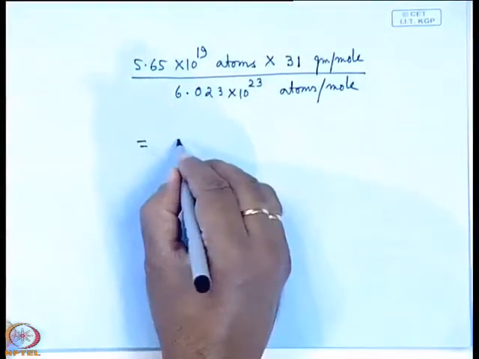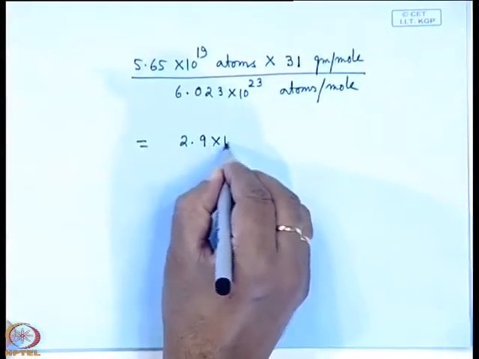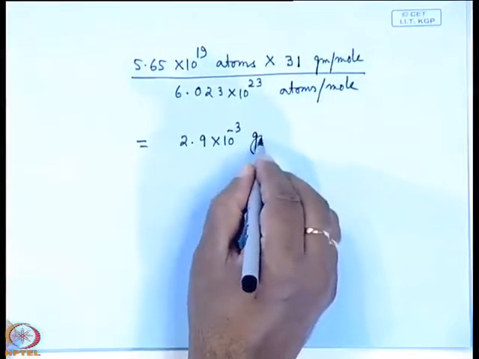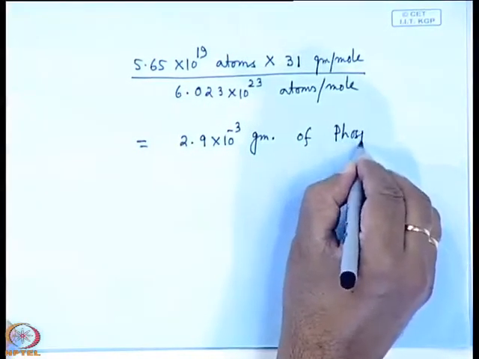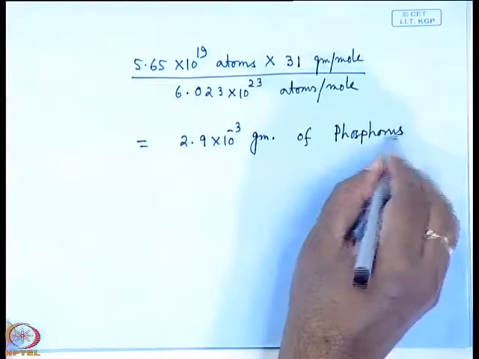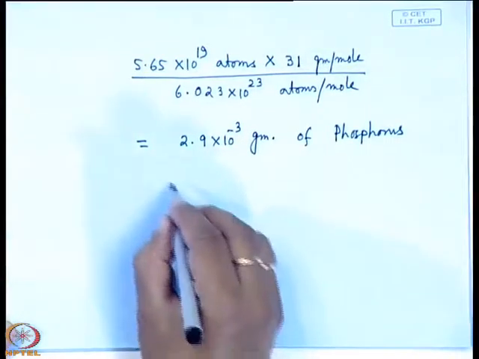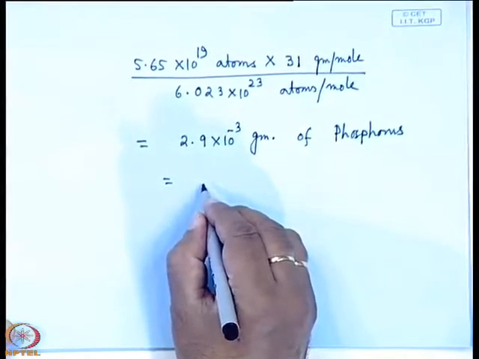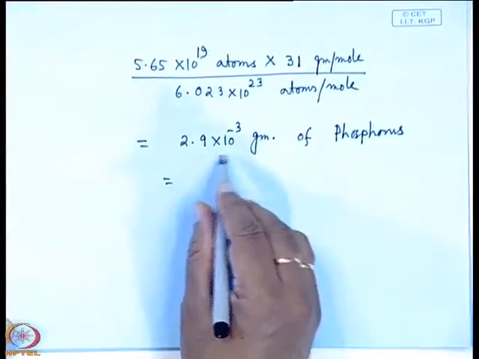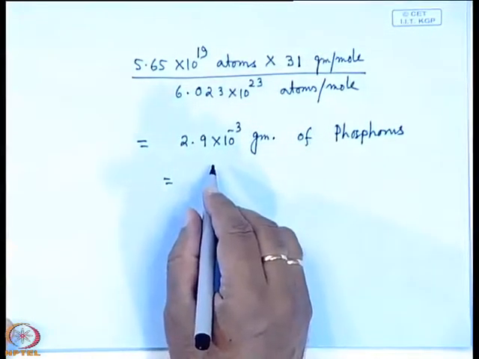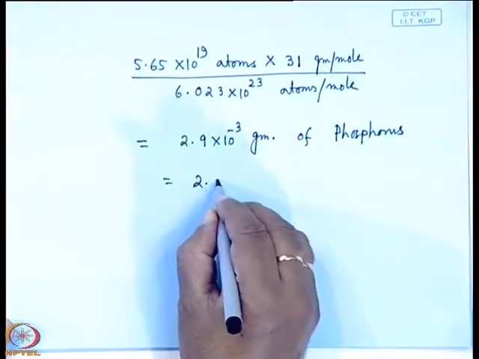So, that equals 2.9 into 10 to the power minus 3 gram of phosphorus. That means it is almost 3 milligram.